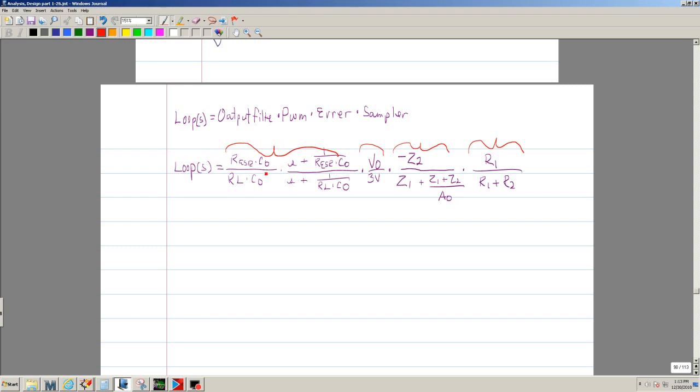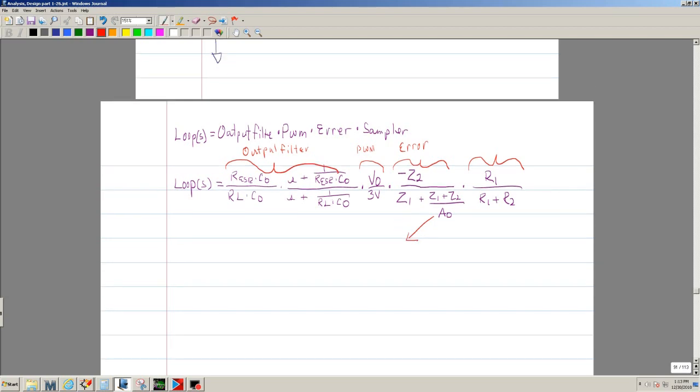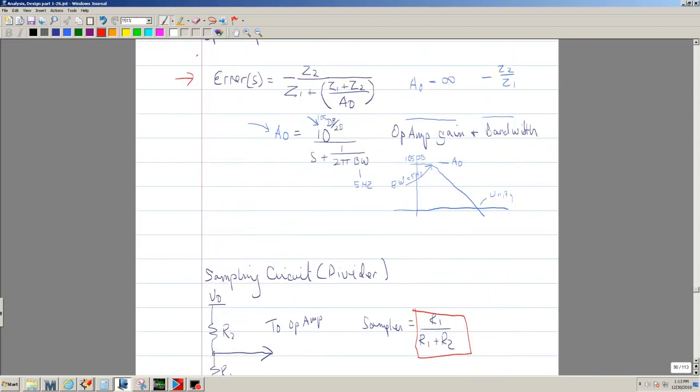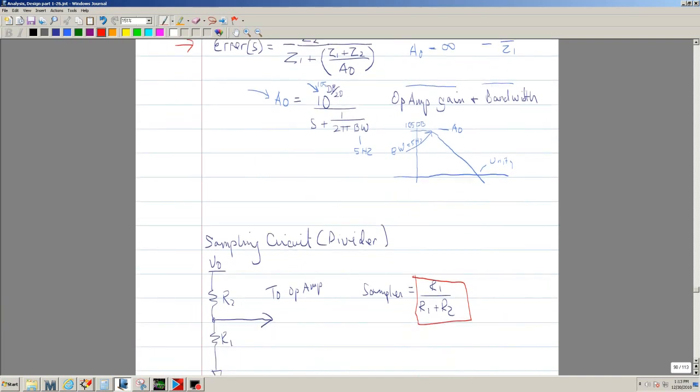This is the output filter. Here is the PWM. Here's the error amp. And then this is this equation, this A, that is this equation.